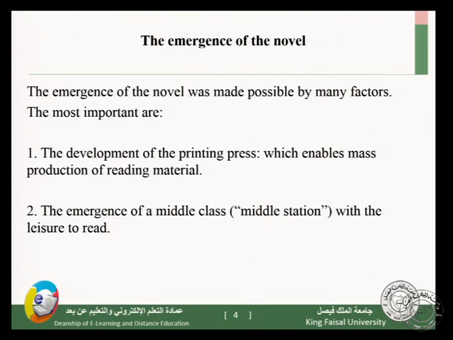In the old days, before there was printing, books needed to be written in manuscripts, which takes time, and they're expensive to buy, and you can't produce large numbers of copies.